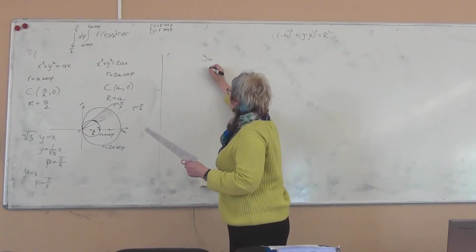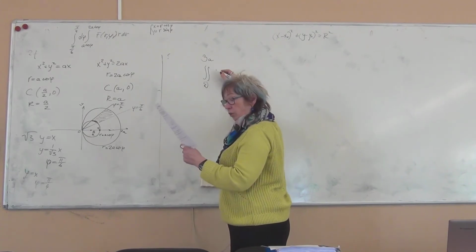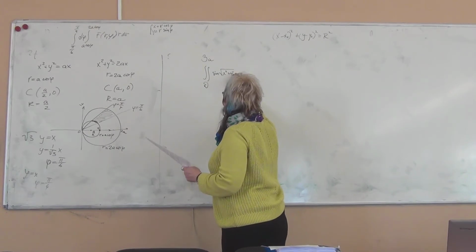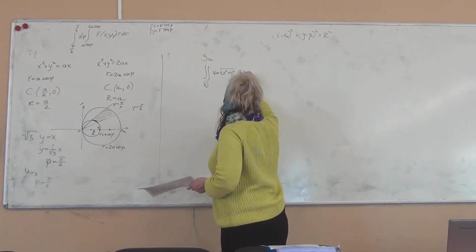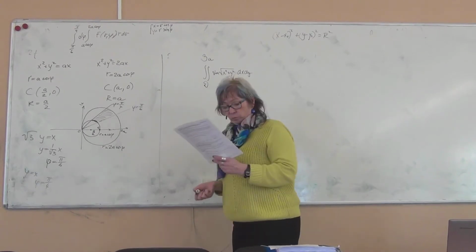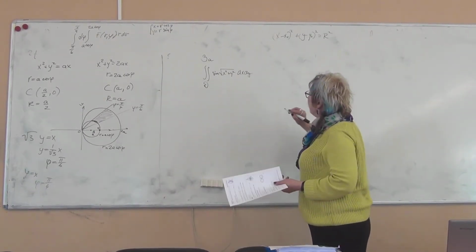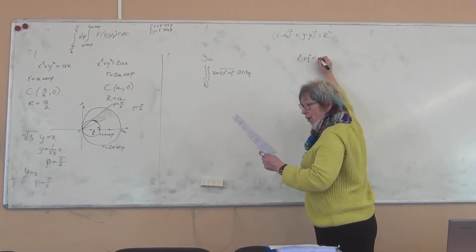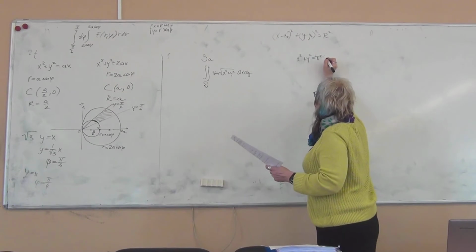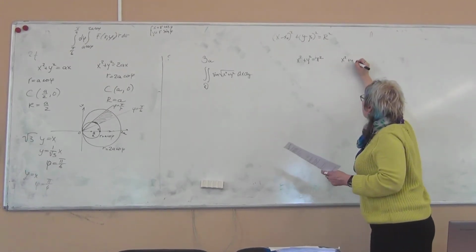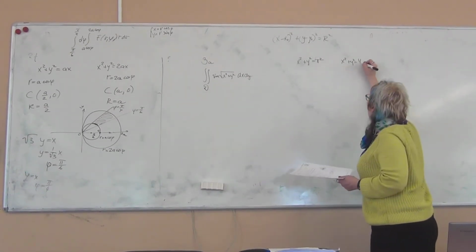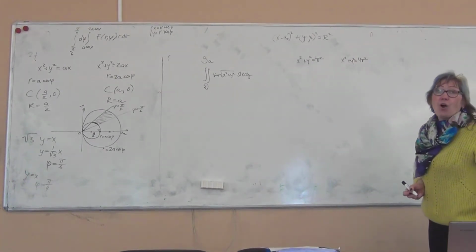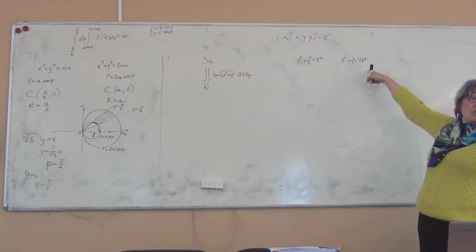3A. Okay. Double integral of sine of the square root of x squared plus y squared dx dy, where D is bounded by x squared plus y squared equals pi squared and x squared plus y squared equals 4 pi squared. And that's all. So obviously this is a circle, and this is a larger circle.